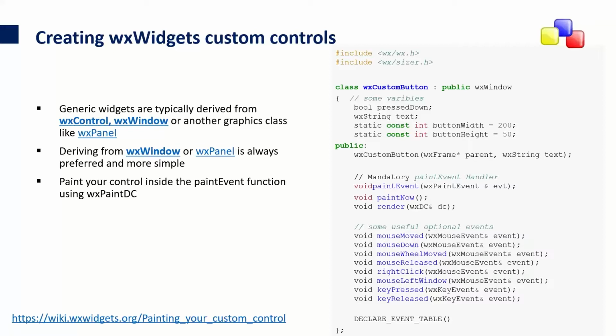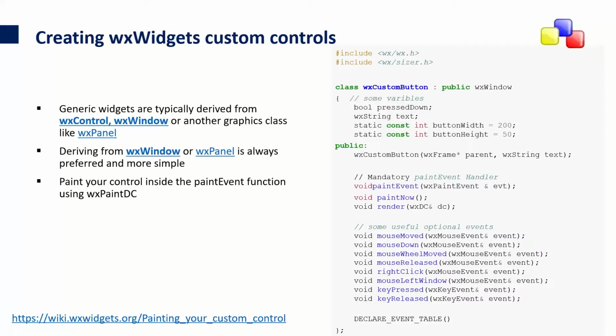In any case, we need to remind that we need to create a dedicated paint event function using device context to refresh the area that we want to update. We also leave in this page in the bottom the reference official documentation for this approach.